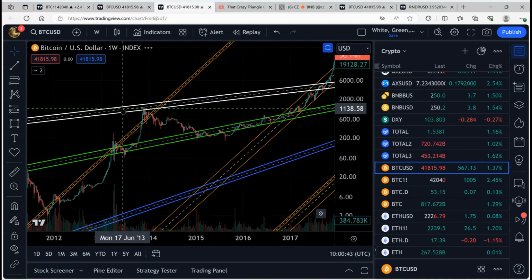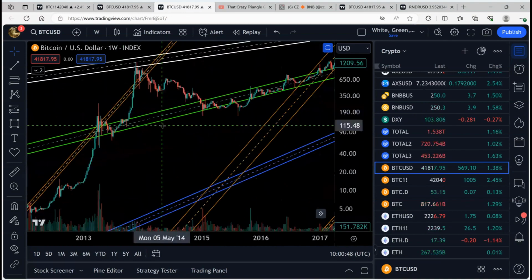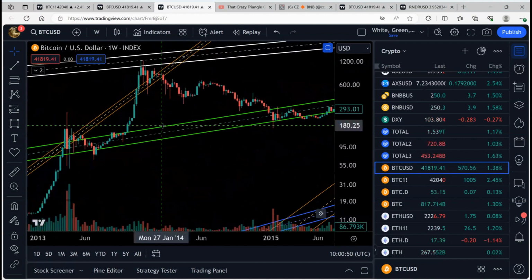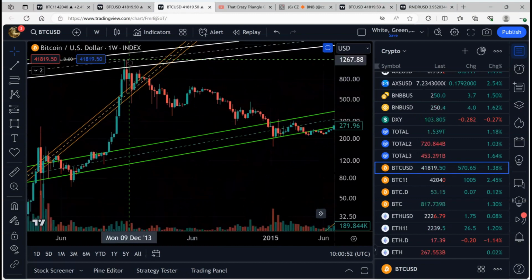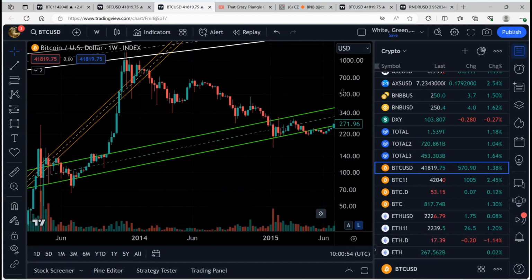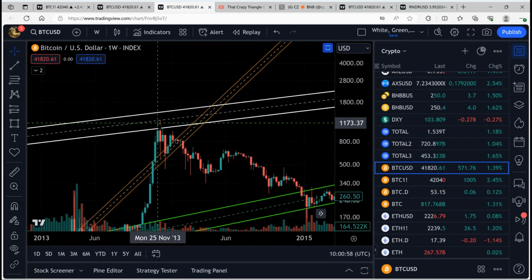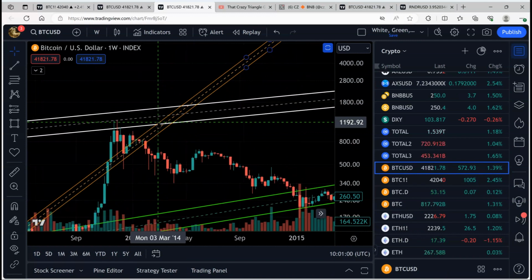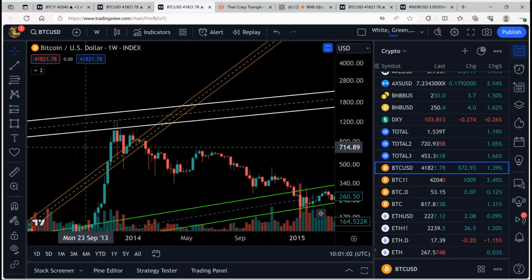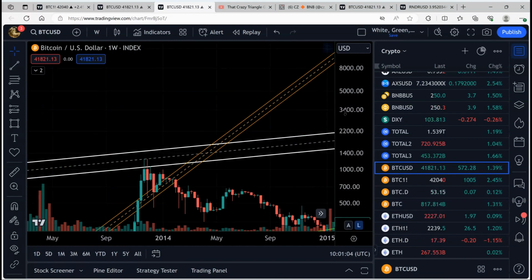That's as far back as the white channel goes. And the center line of that channel comes right to the high of 2013. This is very significant.